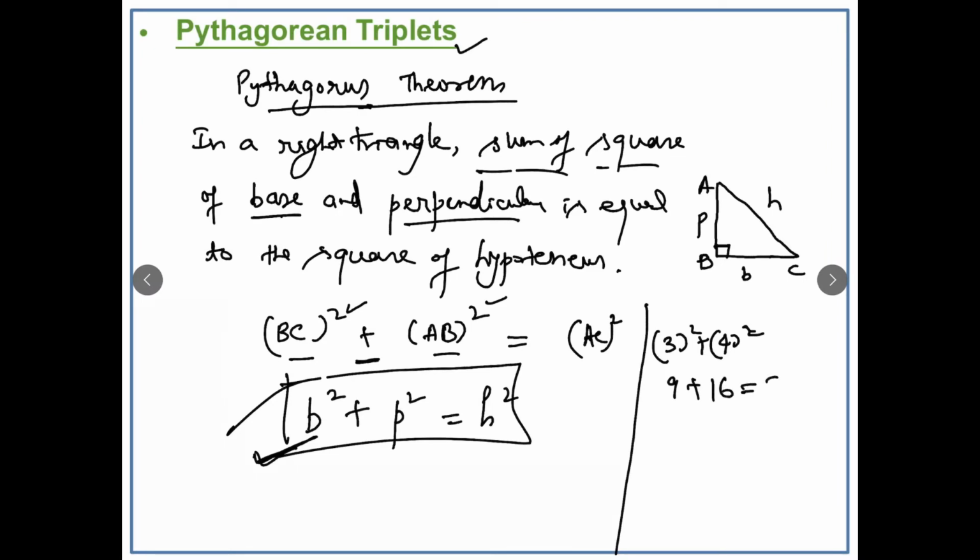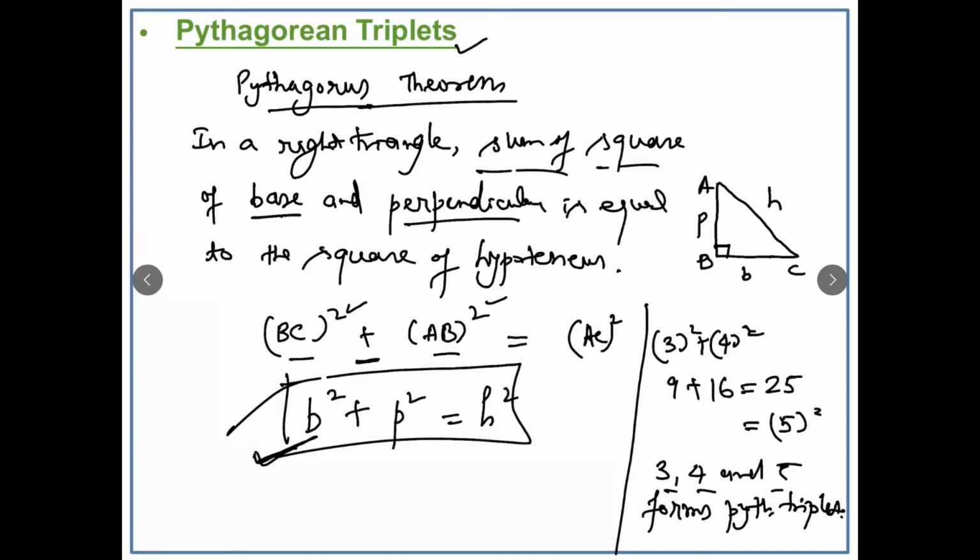When you add these two numbers, you get 25, and 25 is the square of 5. So the numbers 3, 4 and 5 form a Pythagorean triplet.